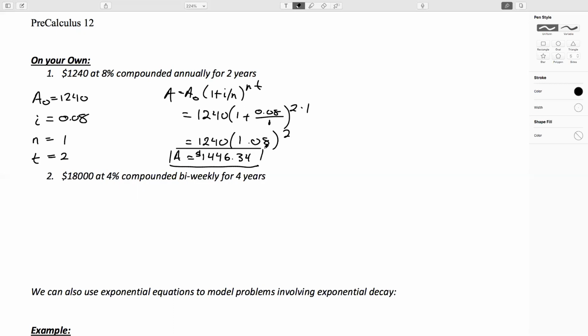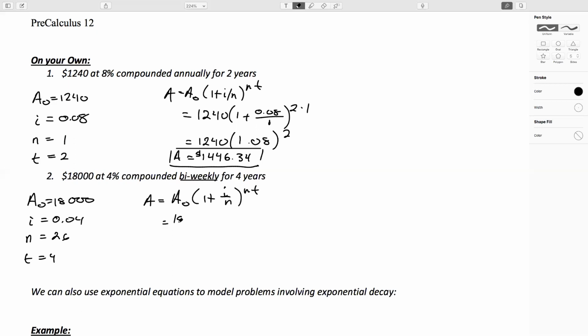And last but not least, $18,000 at 4% compounded biweekly for 4 years. A naught is 18,000. I equals 0.04. Biweekly means we have 26 compounding periods in a year, and T equals 4 years. So A equals A naught times 1 plus I over N to the NT.